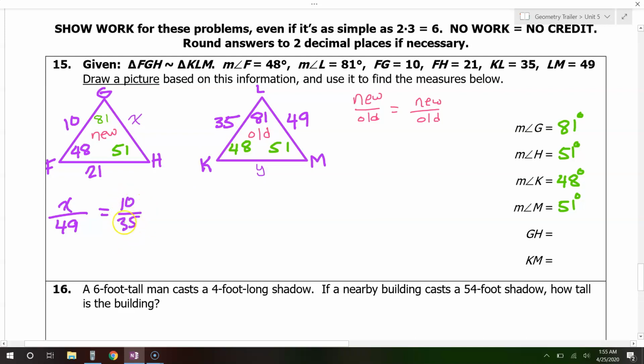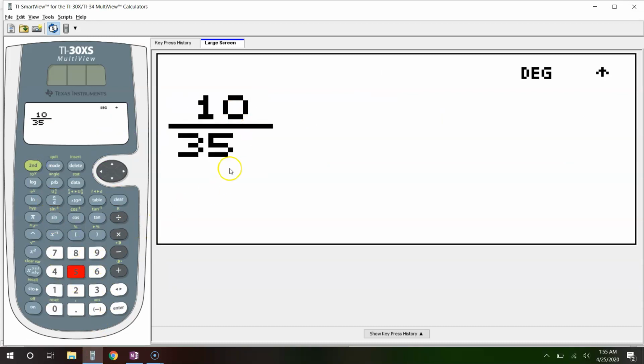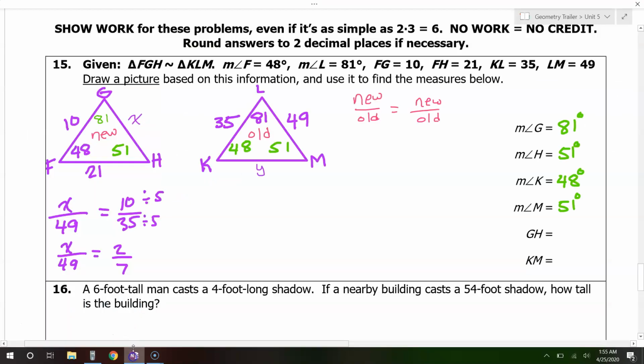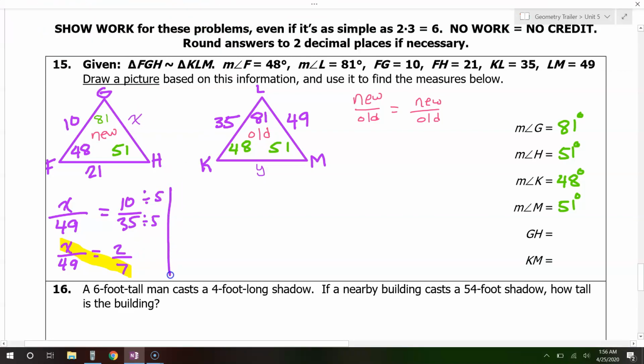Okay, I noticed that these are both divisible by 5. So I'm going to do that. So that's going to give me X over 49 is equal to 2 over 7. If you have any trouble with that, just use your calculator. All right, and then you cross multiply. So if I do this diagonal, that's going to give me 7x.